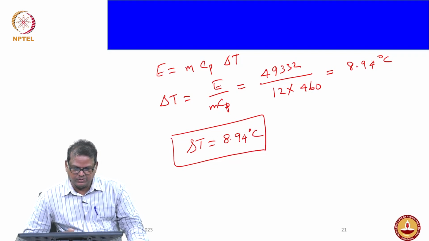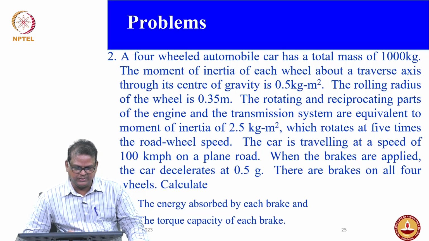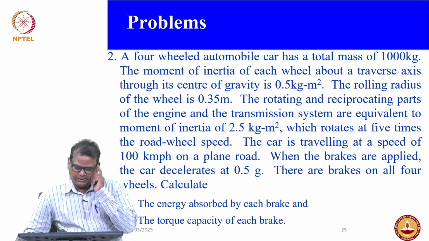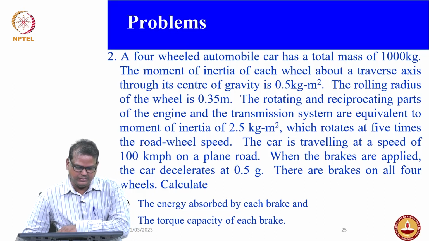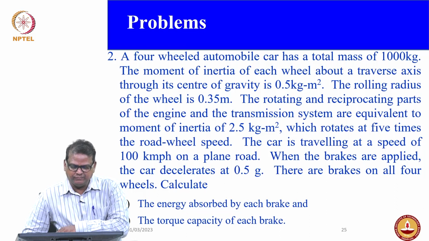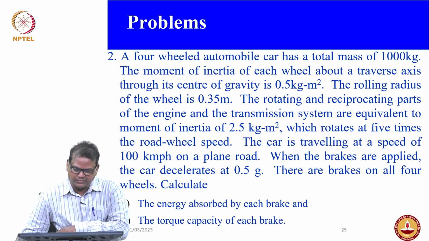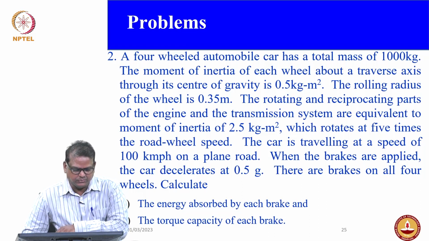We will move on to one more problem just for you to understand. This is another problem. A four-wheel automobile has a total mass of 1000 kg. The moment of inertia of each wheel about a transverse axis through its center of gravity is given as 0.5 kilogram meter square. The rolling radius of the wheel is 0.35 meter.